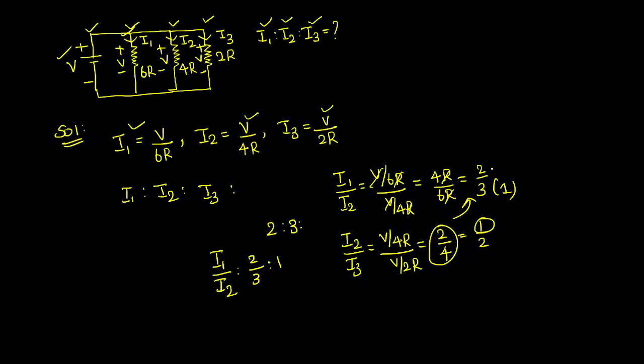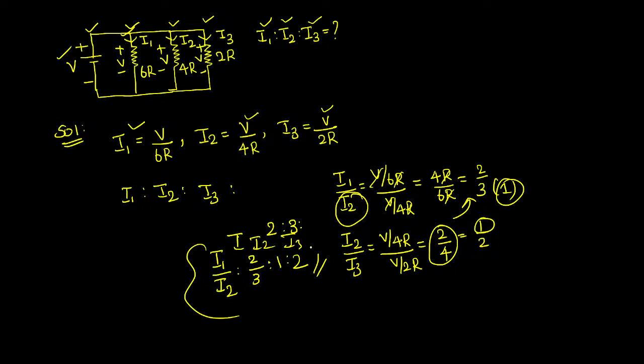Here we have to bring the common factor for I2. So in order to bring the common factor, I'm taking it as 1, so I'm writing in terms of 1. Then it can be written as 2 by 3 is to 1 is to 2. That is how we are bringing the relation between I1, I2, I3.